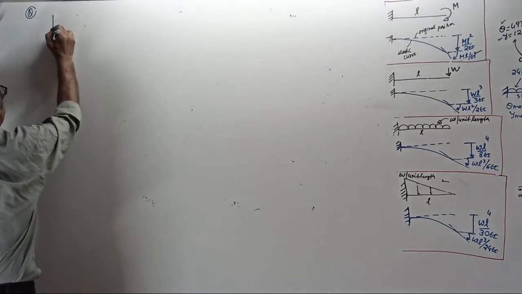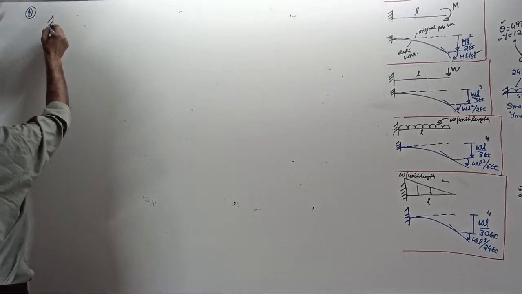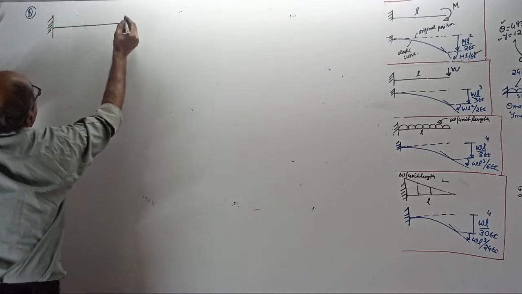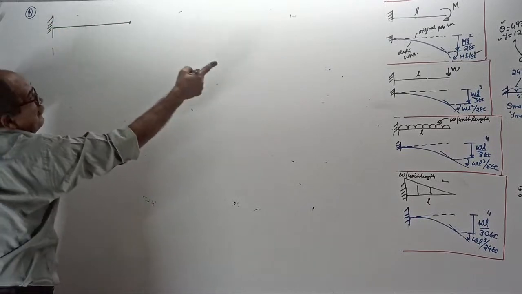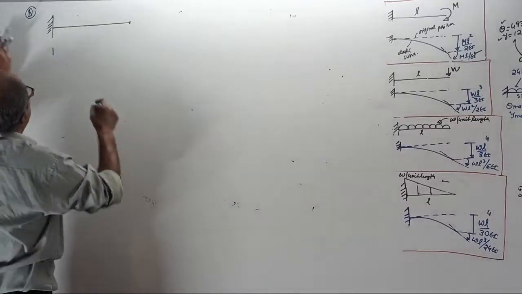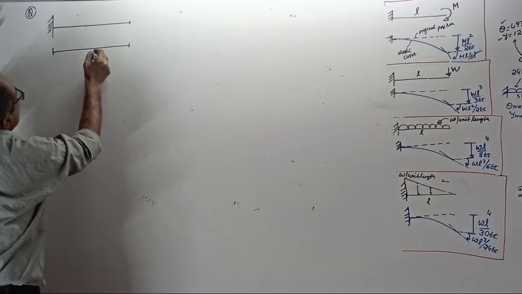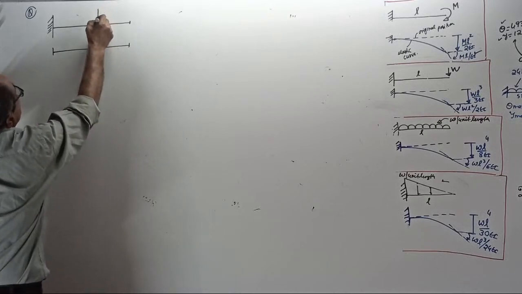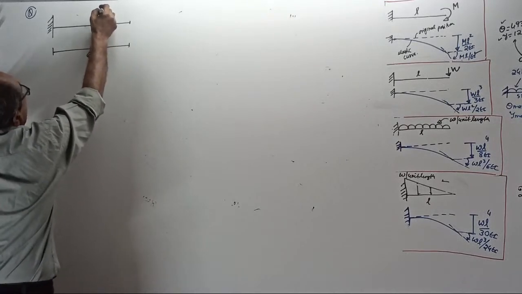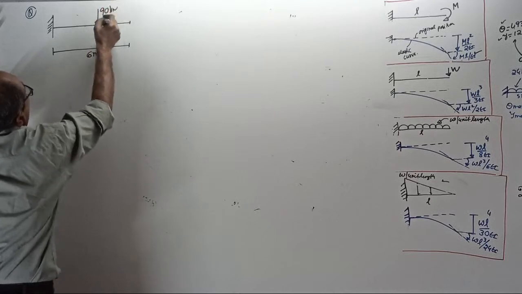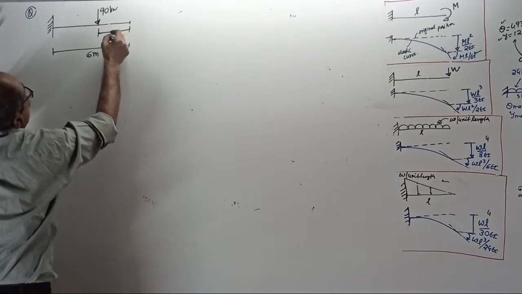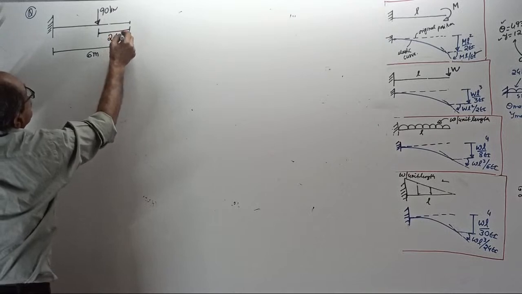A cantilever beam. I will go numerical now. I will give homework for you. A beam of length 6 meter is loaded by a point load of 90 kilonewton at a distance of 2.4 meter from the free end.